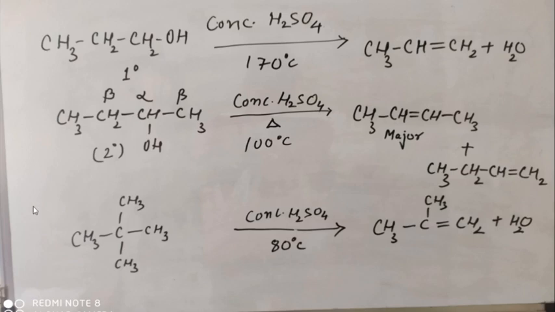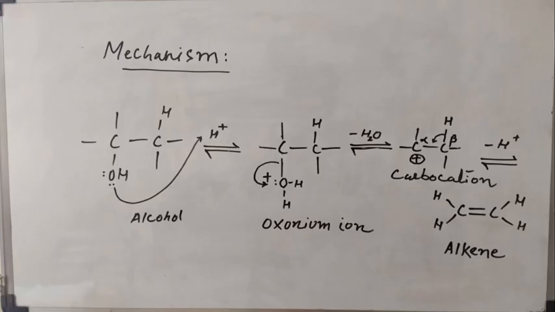Tertiary alcohol has even more ease of reaction; it takes place slightly above room temperature, that is 80 degrees Celsius, in the presence of concentrated sulfuric acid, with removal of water according to the Saytzeff rule. So the reactivity of alcohol increases as we move from primary towards secondary toward tertiary alcohol.